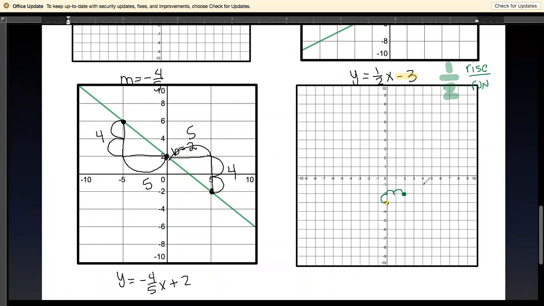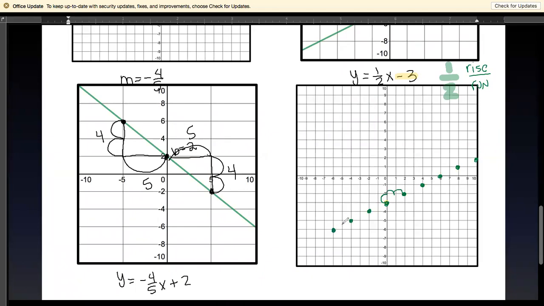Rise 1, run 2. Rise 1, run 2. And I think when you do that, when you graph it yourself, the rise over run starts making a little bit more sense. You don't have to do it the other way.